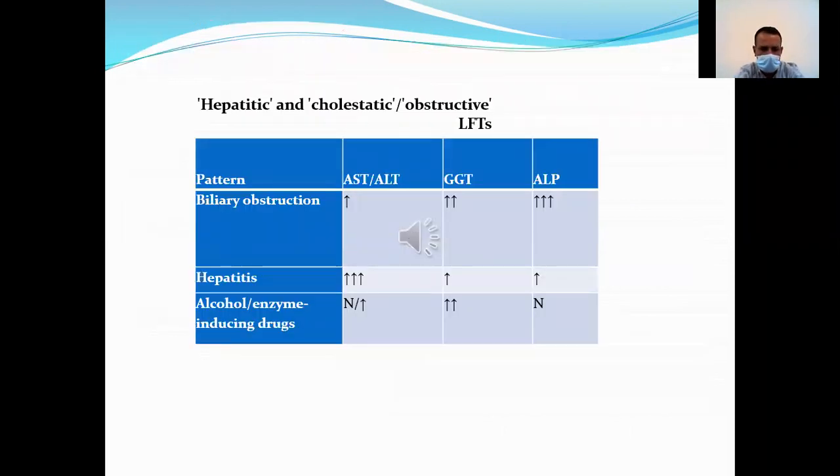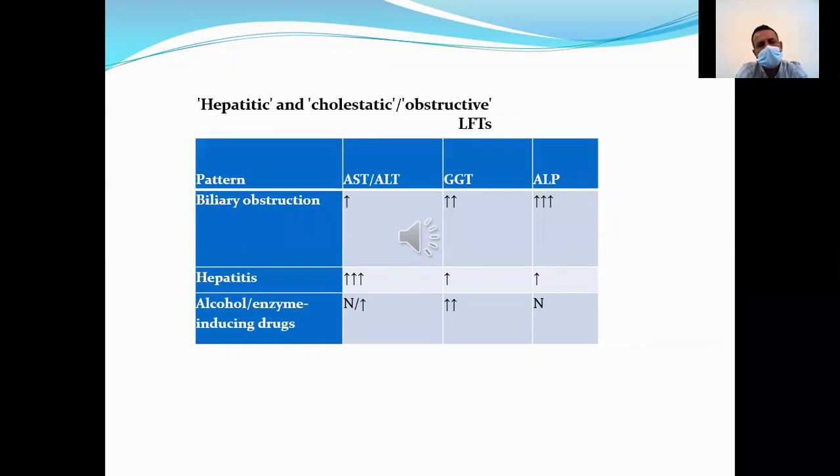This table shows the differentiation between hepatic and biliary obstruction. In biliary obstruction, we see an increased alkaline phosphatase together with gamma glutamyl transferase, but mildly increased AST and ALT.